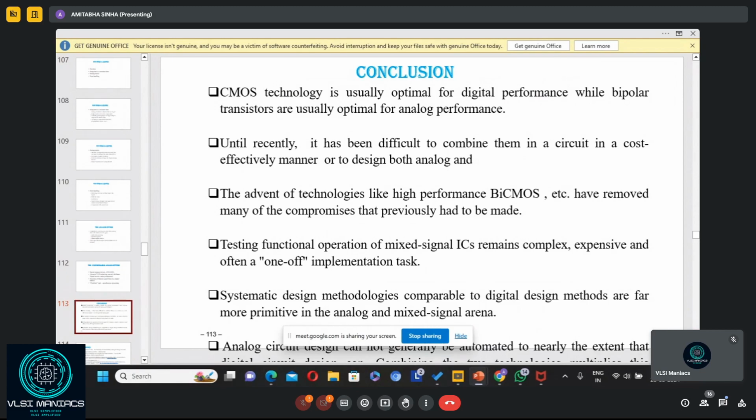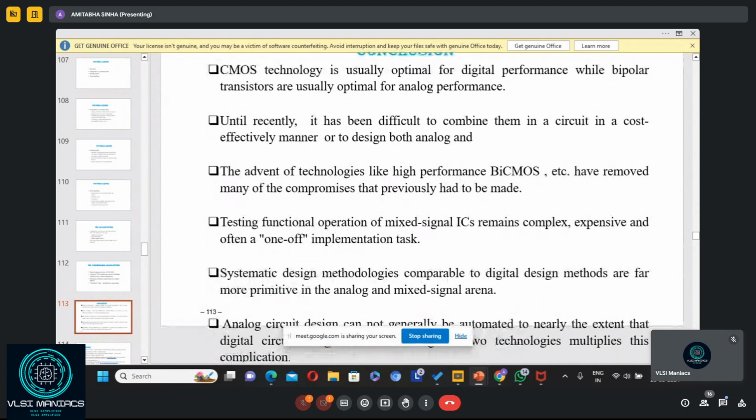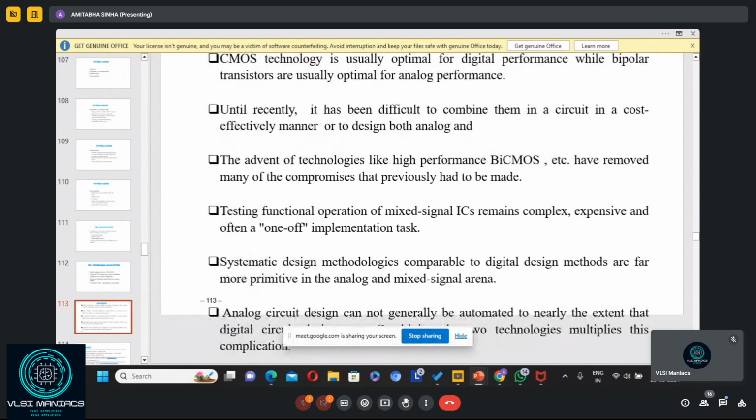And systematic design methodologies, compared to digital design methods, are more primitive in analog. That is true because digital circuit design is very matured, whereas configurable analog circuits are still not that matured. So mixed signal circuit design is still in the primitive stage.